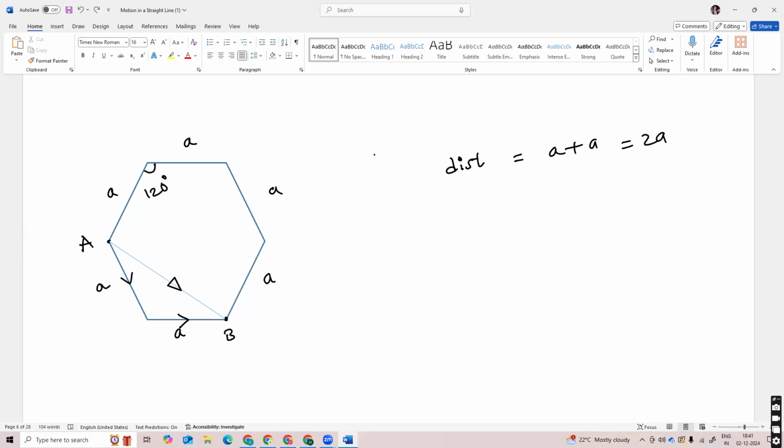So if we have to find out this displacement, it is basically the shortest distance between A and B. You know that this angle is given as 120 degrees. If we draw a straight line here and one more line here, then from basic trigonometry, this angle is 60 degrees, because you know that the angle across a straight line is 180 degrees.